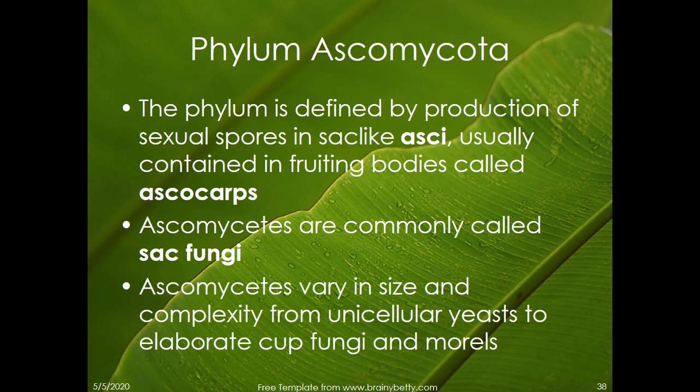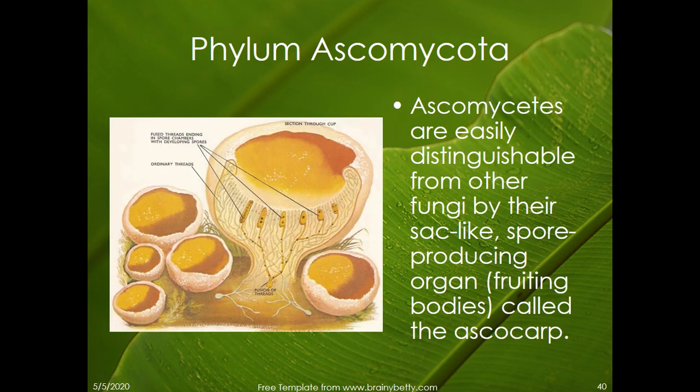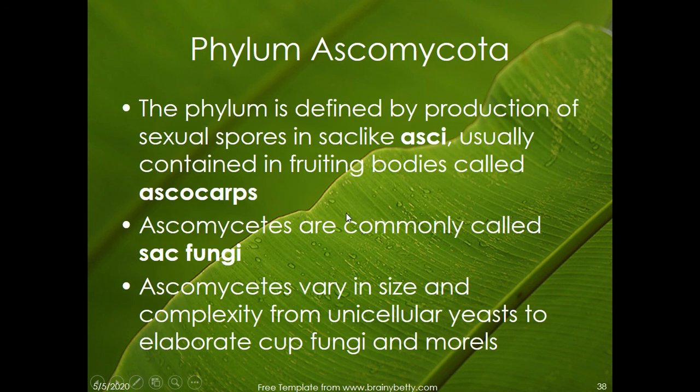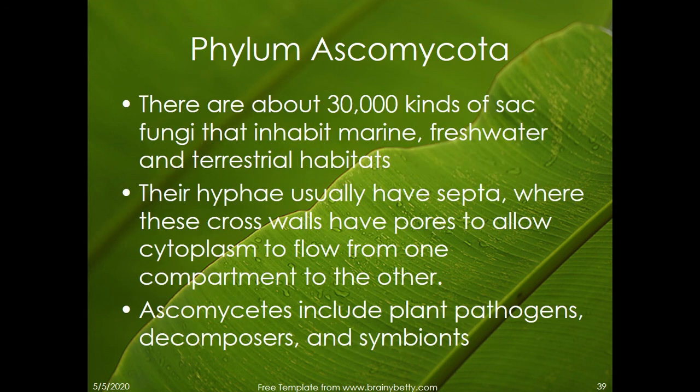So Ascomycota, okay, they will produce a sexual spore, that contains fruiting bodies known as ascocarps. Okay, and this phylum varies in size and complexity, from unicellular to multicellular fungi or morels.